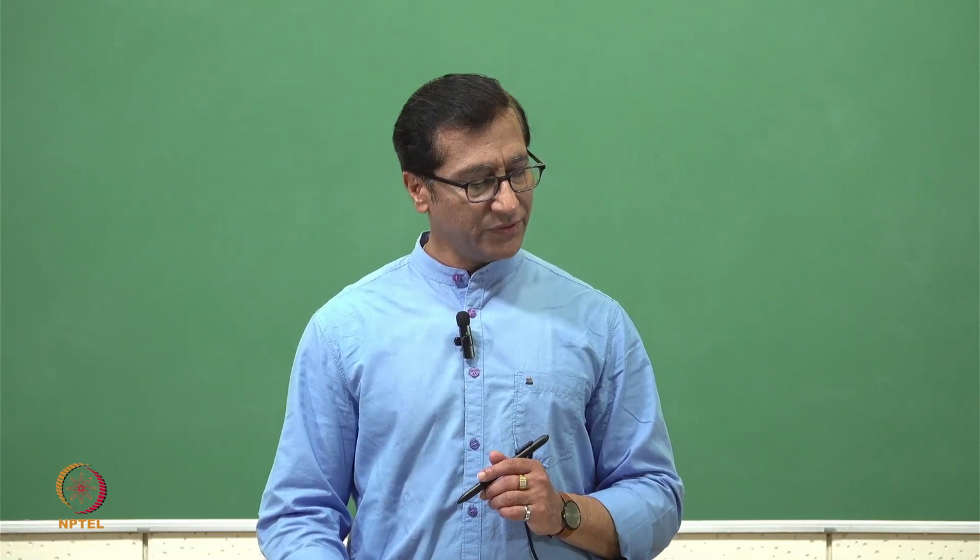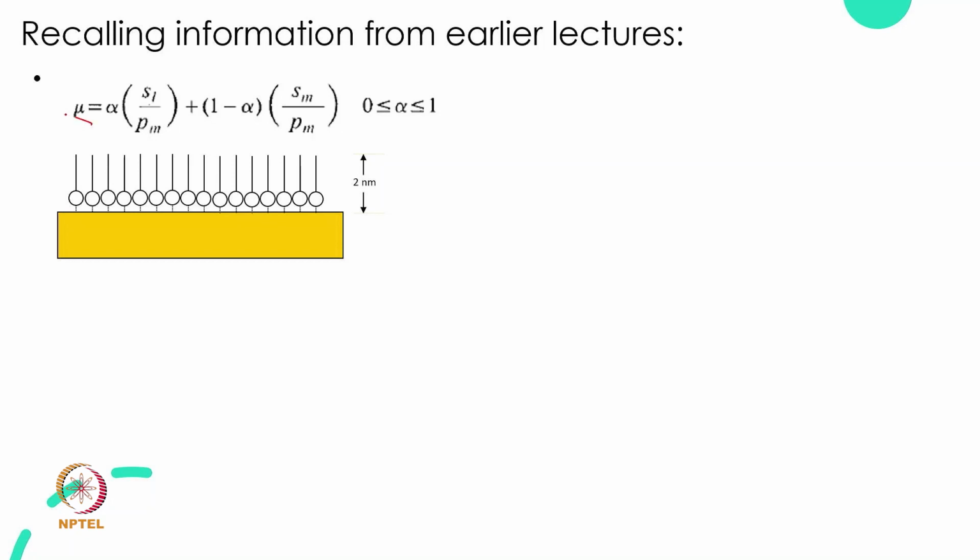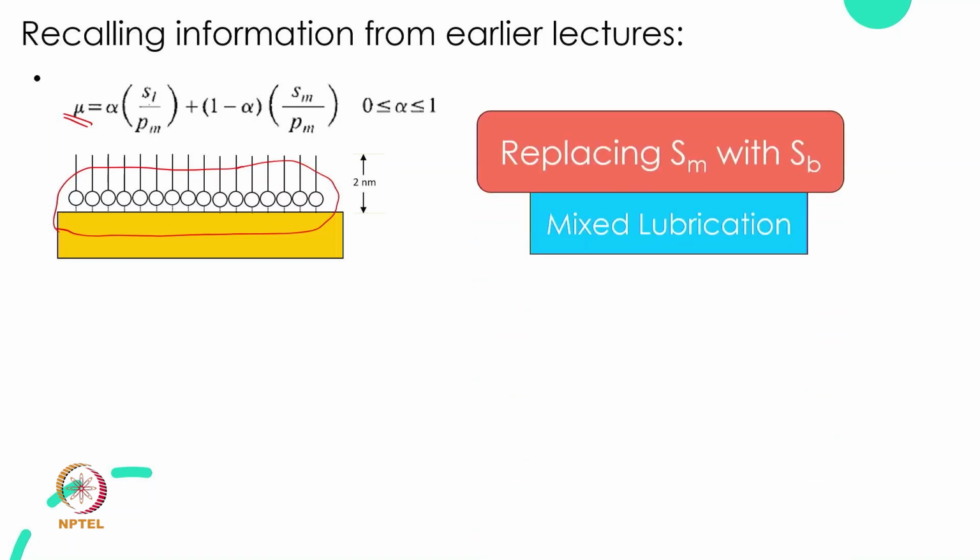We also understood from previous lectures that when we talk about mu, we can think about physical adsorption. Physical adsorption helps the surface to glide, and in that situation S_M will be replaced with S_B, the shear strength of the boundary lubricant.